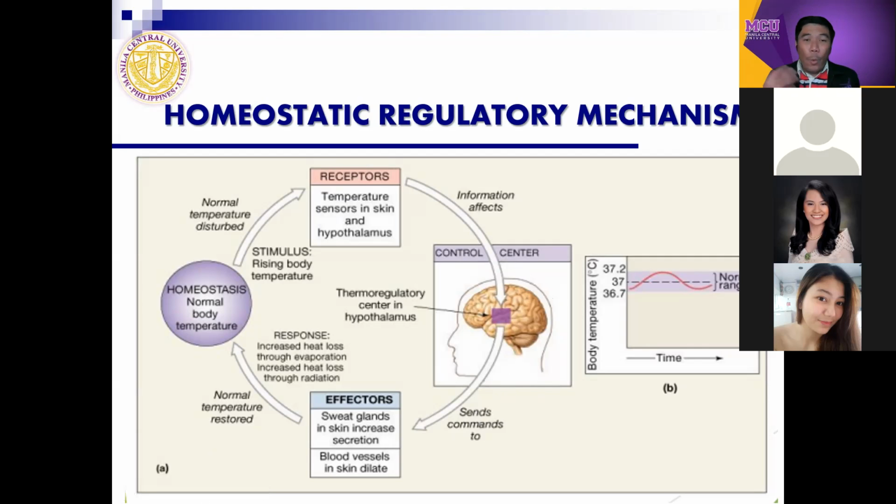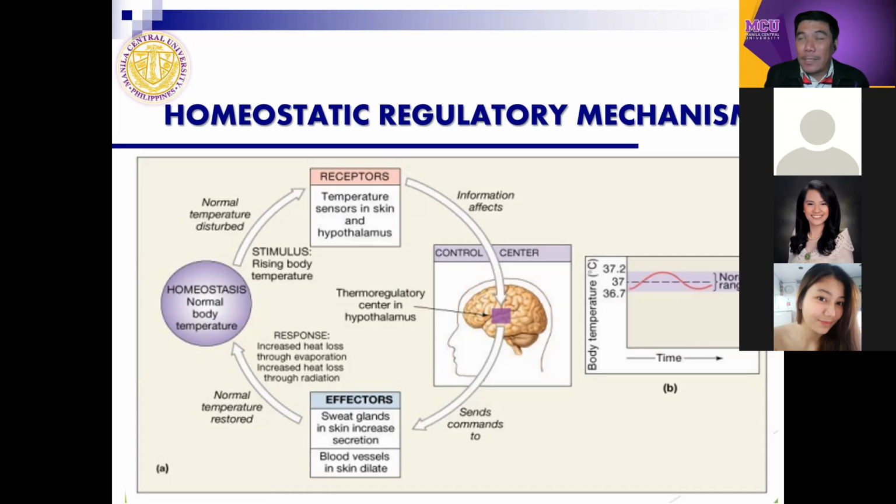So what happens now is that the sweat glands in the skin, in the integumentary system, will increase their activity to facilitate the secretion and release of perspiration. The perspiration itself can definitely be helpful in balancing body temperature.